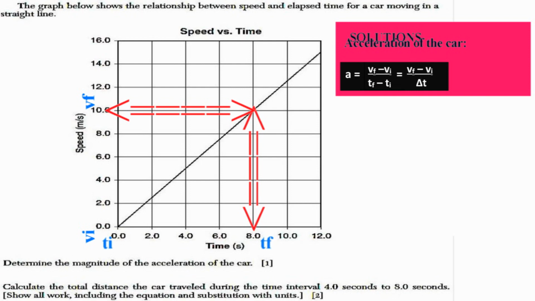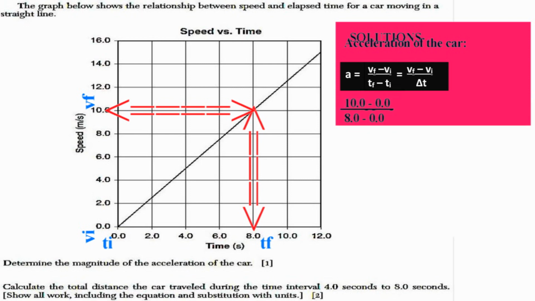Inserting the information from the graph, where v sub f is equal to 10.0 meters per second and v sub i is equal to 0.0 meters per second, t sub f is equal to 8.0 seconds and t sub i is equal to 0.0 seconds. And the magnitude of the acceleration will be 1.25 meters per second squared.